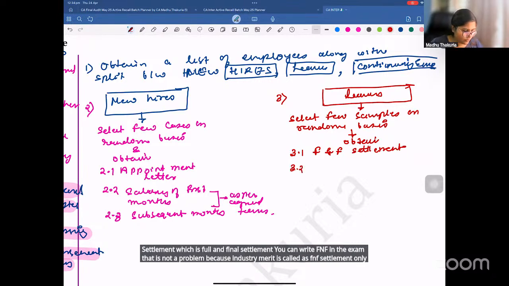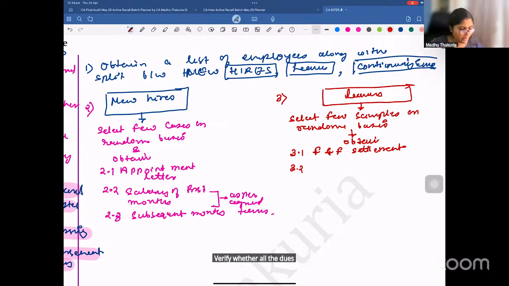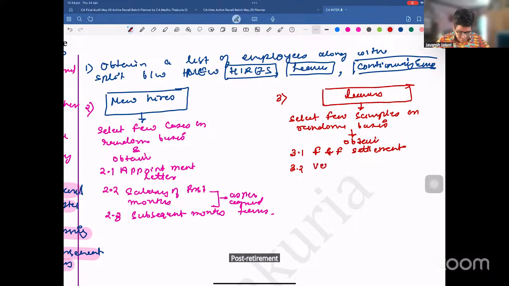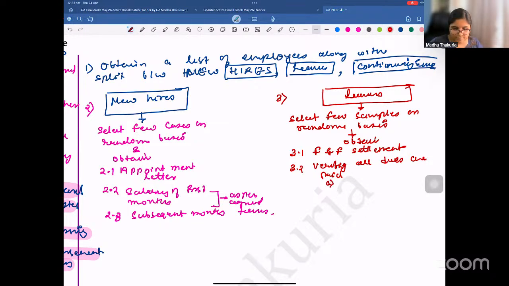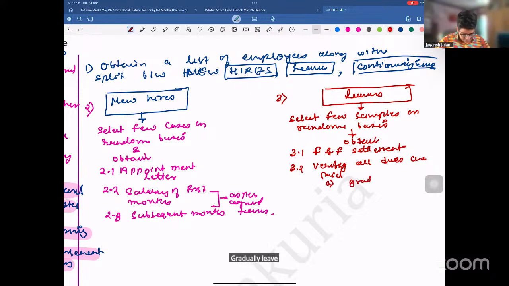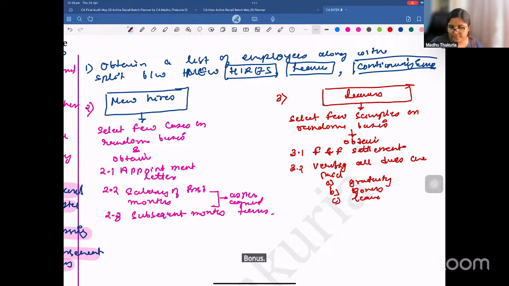Then 3.2, verify whether all the dues, including the post-retirement benefits like gratuity and leave encashment, have been paid. Verify all dues are paid, such as gratuity, leave encashment, bonuses, pending bonuses, if any.